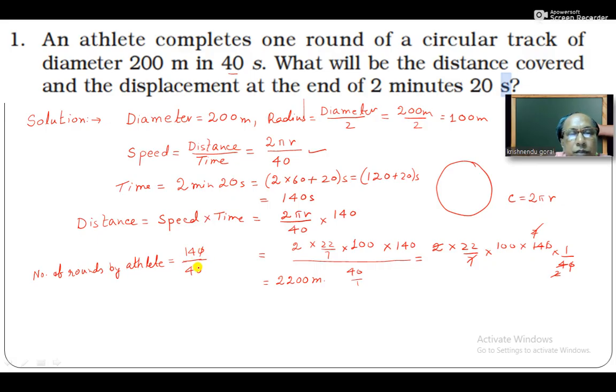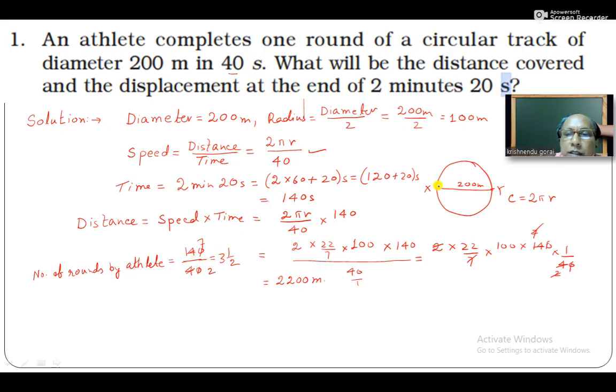This will cancel, 2 into 4, 2 sevens are 14, 7 by 2, and that is 3.5 rounds, right. Suppose the athlete starts from position x, this is position y, and this diameter is 200 meter. Now, you see 3.5 rounds means what?